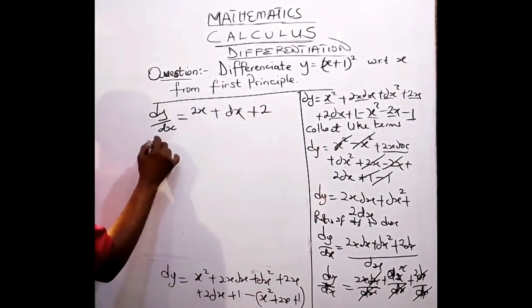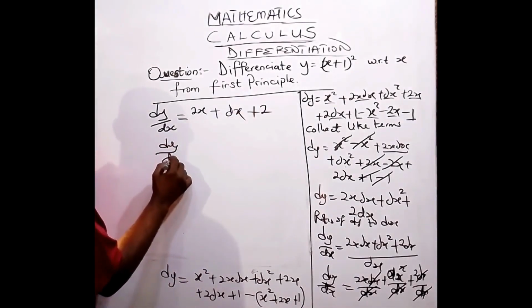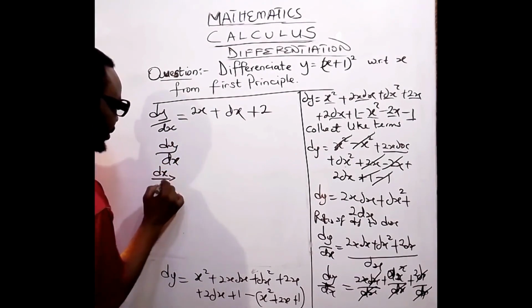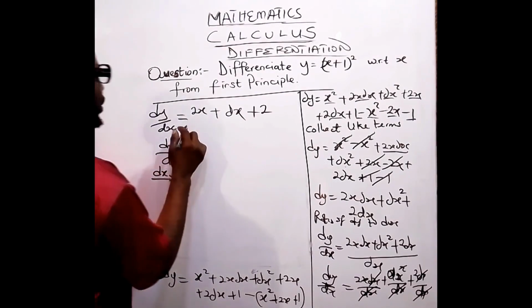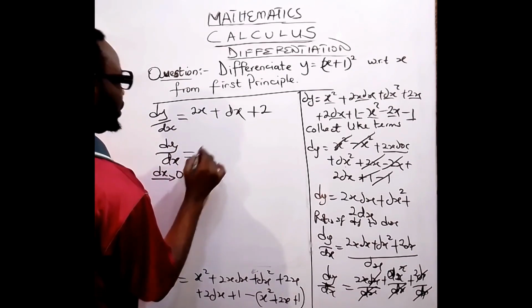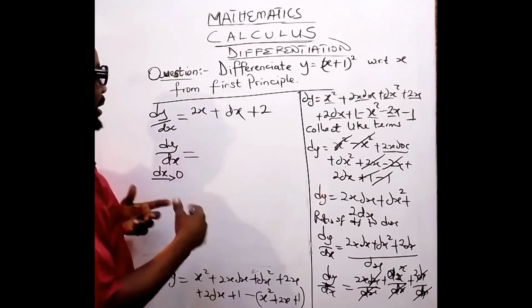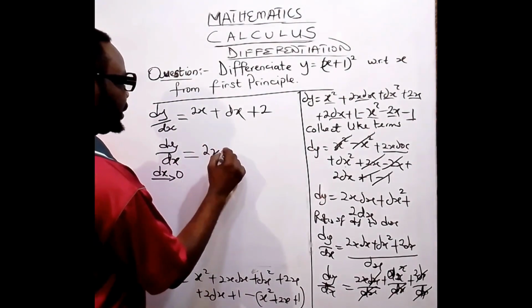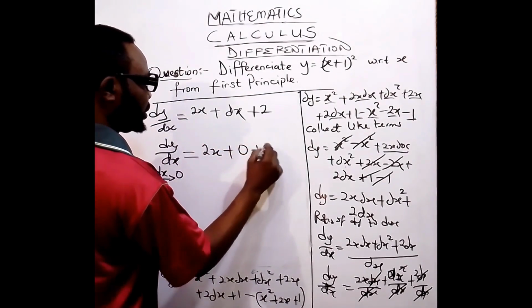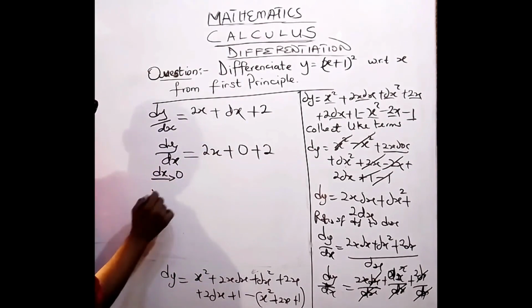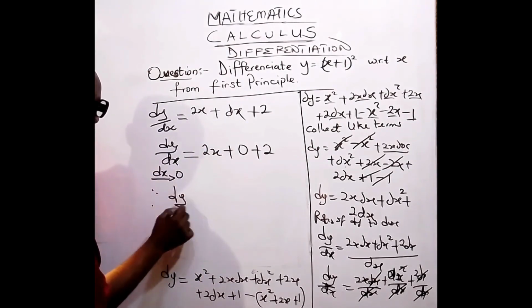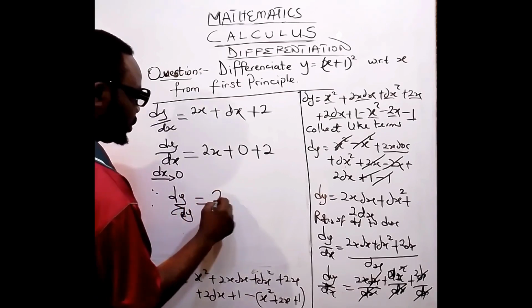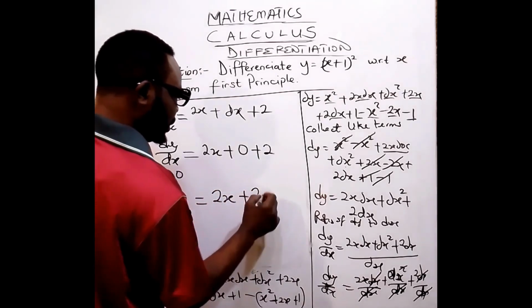So we have dy over dx as dx tends to 0 equal to, wherever you see dx now, you substitute it by 0. 2x plus 0 plus 2. Therefore, finally, dy over dx will be equal to 2x plus 2.